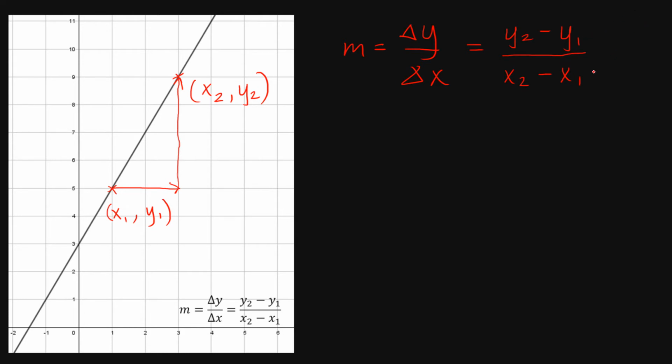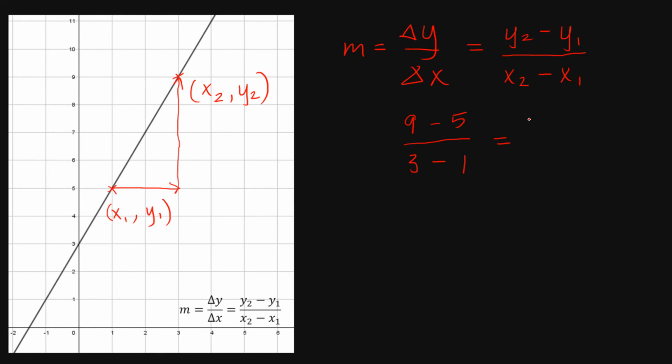In my case, y2 is 9 and y1 is 5. So 9 minus 5 over x2, which is 3, minus x1, which is 1.